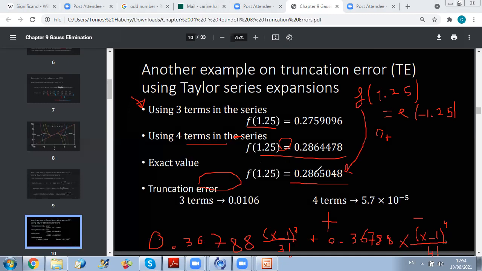In general, for example, we have several types of errors that we will introduce now. You can just find the true error if you want, which is the difference between the values. So if I have 3 terms, if I do the difference between these two, I can find what is the error induced.